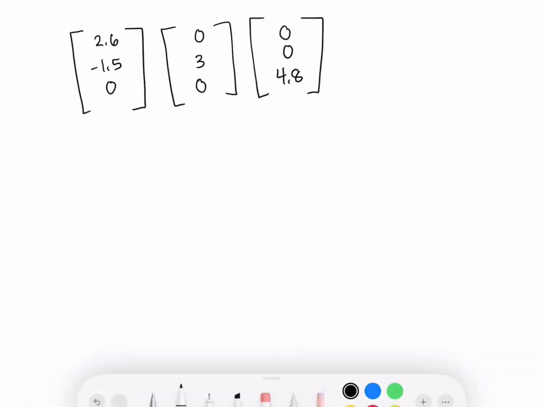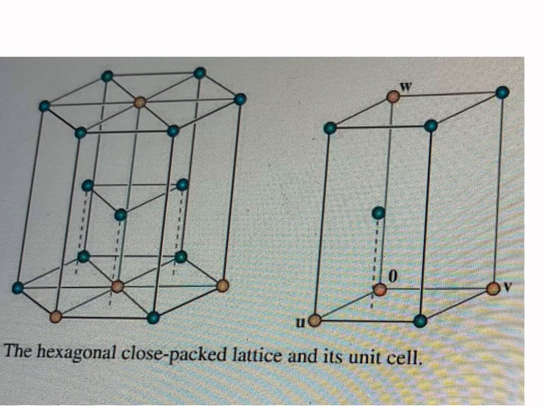So now we have an example about the crystal lattice for titanium. It has a hexagonal structure. And these 3 vectors here, (2.6, -1.5, 0), (0, 3, 0), and (0, 0, 4.8), in R3 form a basis for this unit cell. Here's a picture of the crystal lattice for titanium.